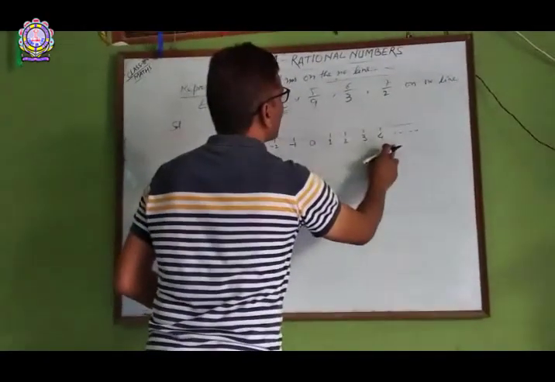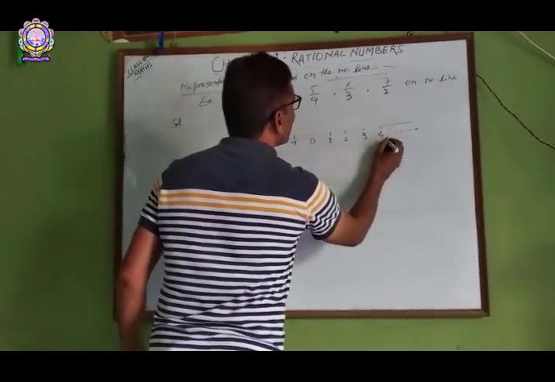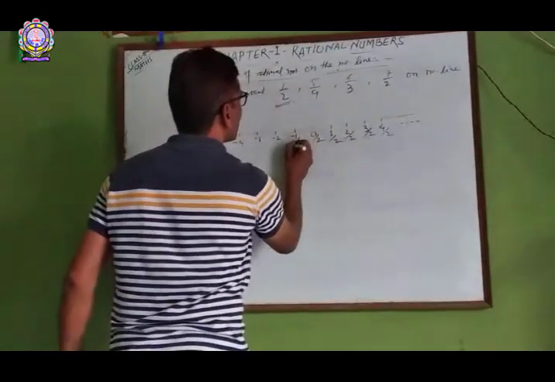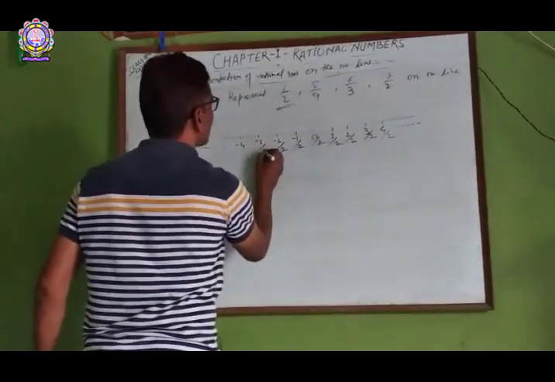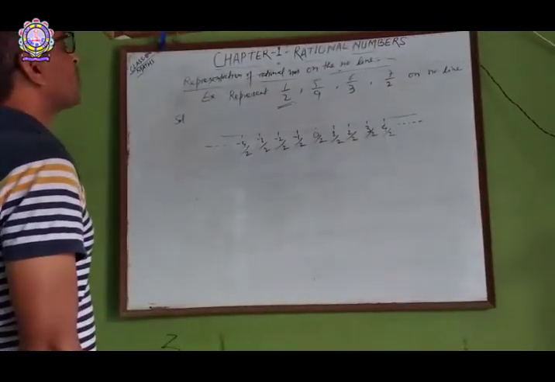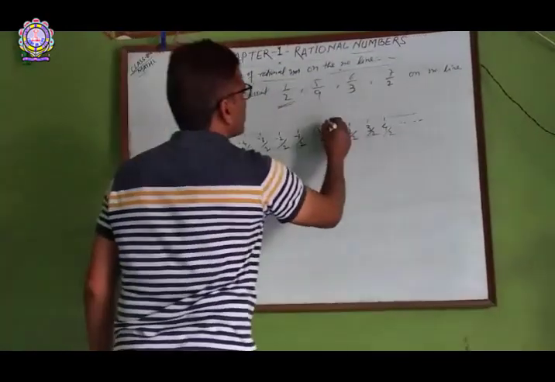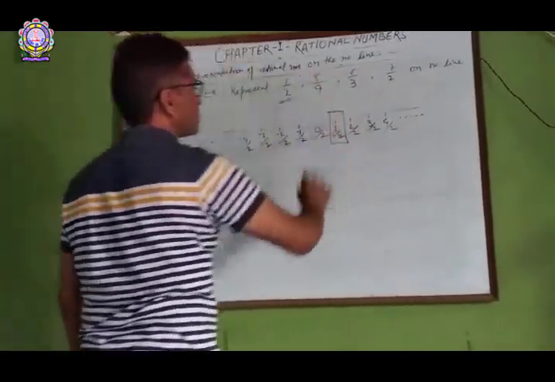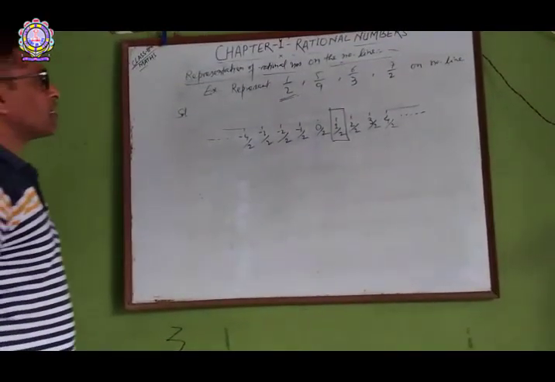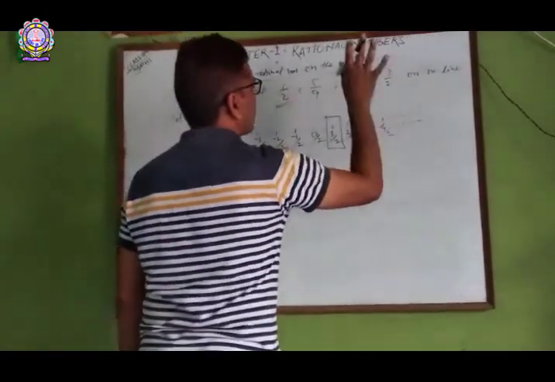You can divide all these points by 2, and so on, and you can find easily where your number 1/2 is. This is the answer. In this way you can represent every number on the number line.